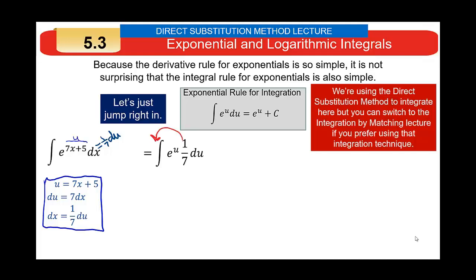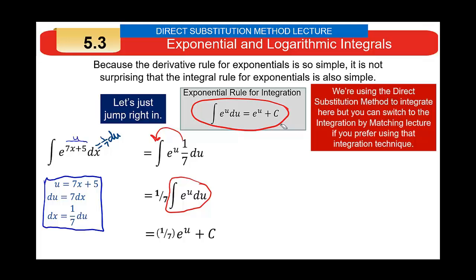Now we all know that a constant factor inside an integrand can be brought out if it's needed, and I think that's what I'd like to do here. At this point, I see that e to the u du in the integrand by formula is e to the u plus c, not forgetting to copy the 1/7 out front.